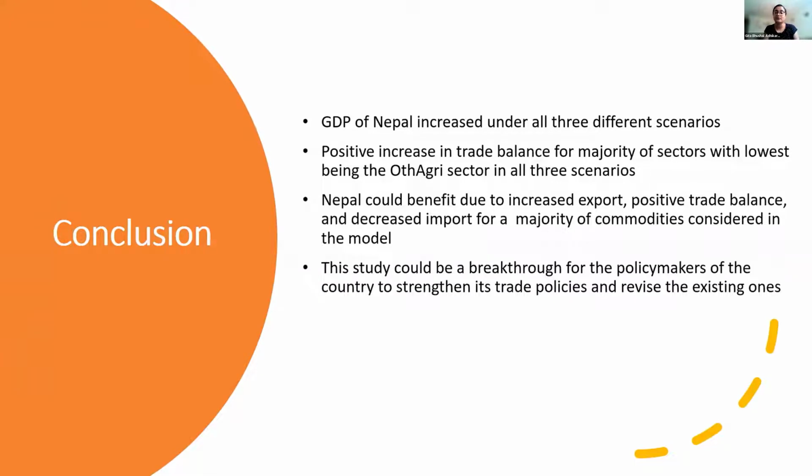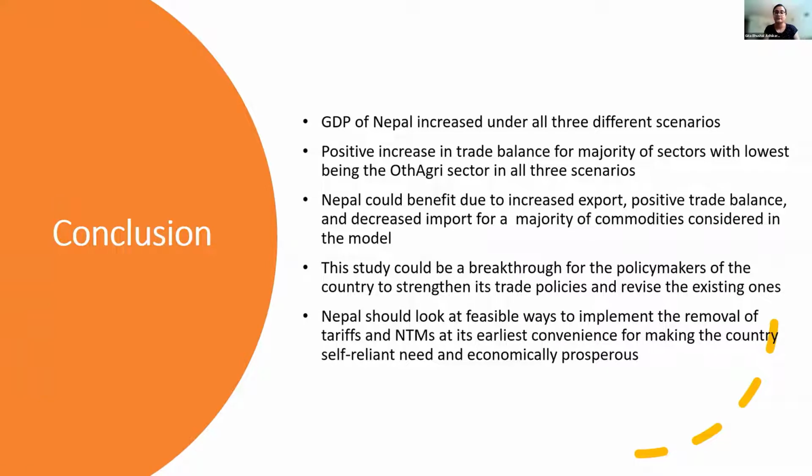And this study could be a breakthrough for the policymakers of the country to strengthen its trade policies and revise the existing ones. Nepal should look at feasible ways to implement the removal of tariffs and anti-AMS at its earliest convenience for making the country self-reliant and economically prosperous.